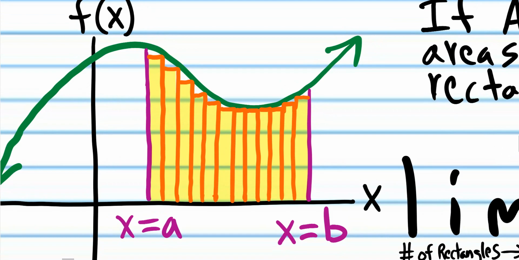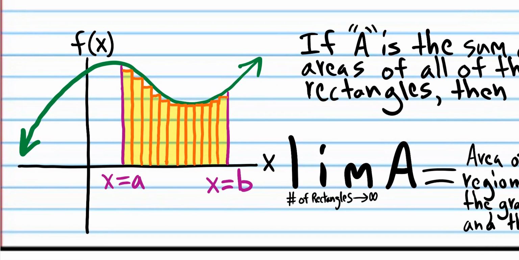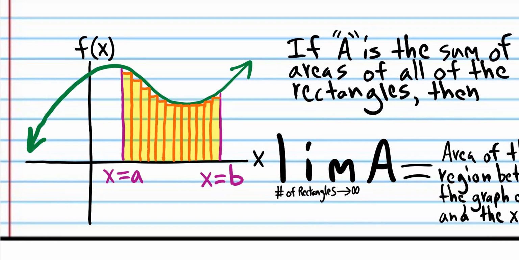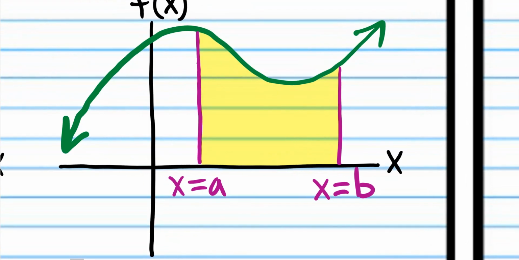So as you keep increasing the number of rectangles under this curve and calculating the sum of the areas of the rectangles, what you find is that sum approaches a number. And whatever number the sum approaches, that number is considered to be the exact area, this area that we're looking for under the curve.